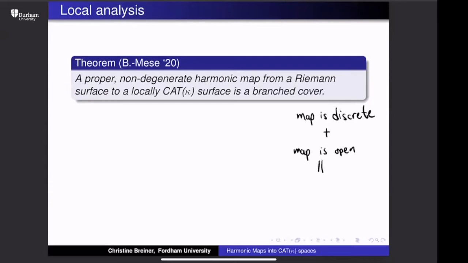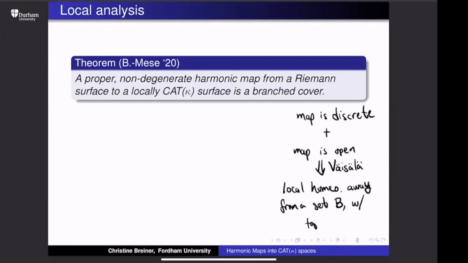And then we can use classical work of Väisälä to show that actually the map is a local homeomorphism away from a set B, which is not necessarily discrete, but has topological dimension 0.